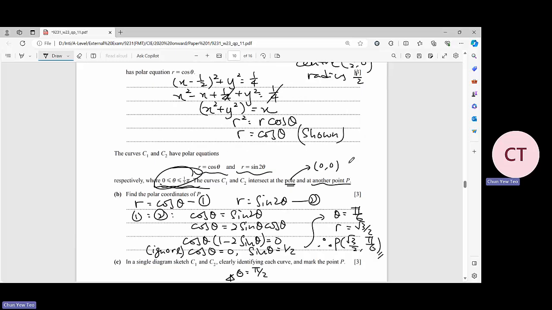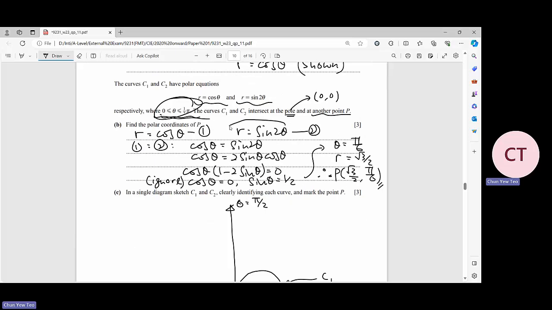Then to draw C2, C2 is r equal to sin 2 theta. Since our theta is 0 to pi over 2, you also need to substitute in the values one by one.